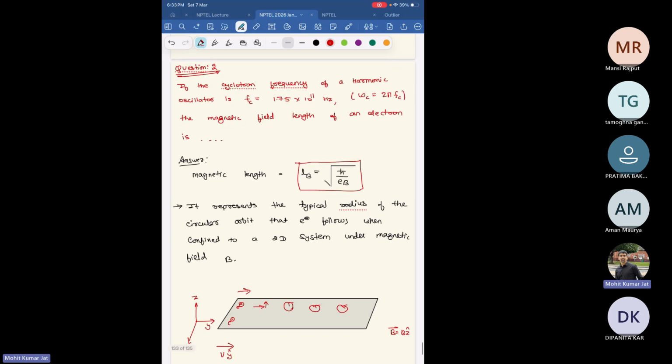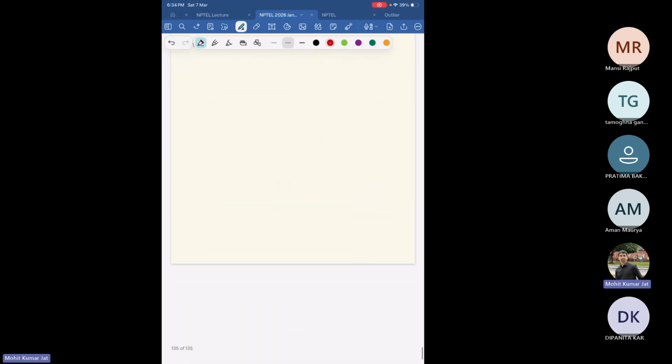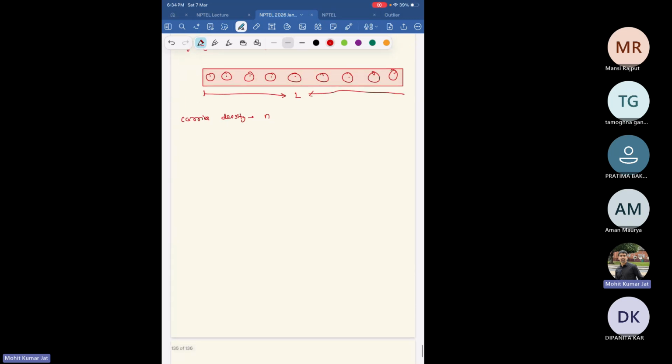Now the frequency is given. So given the parameter, now we will extract the magnetic length. So Fc, which is 1.75 × 10^11 hertz, and omega c, which is 2π Fc, is eB by m, right?